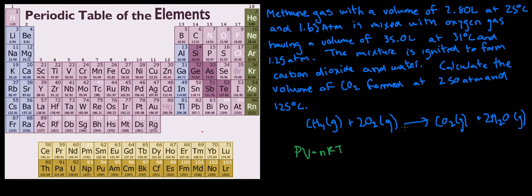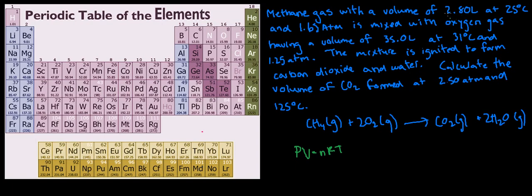So the first thing I need to do is figure out how many moles of my product I'm going to get, because information is given to me about the reactants, but in this problem I'm looking for the volume of carbon dioxide formed. And here the first thing I need to do is figure out how many moles of methane and oxygen I have, so I can figure out how many moles of carbon dioxide I have.